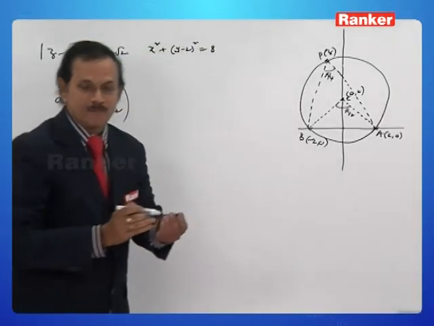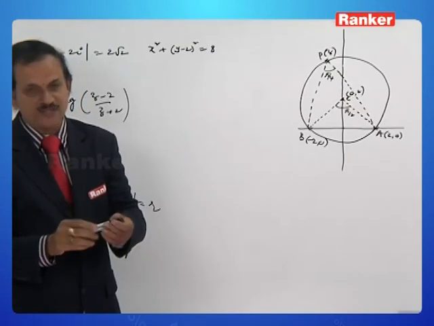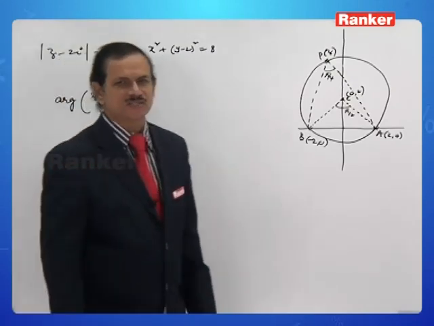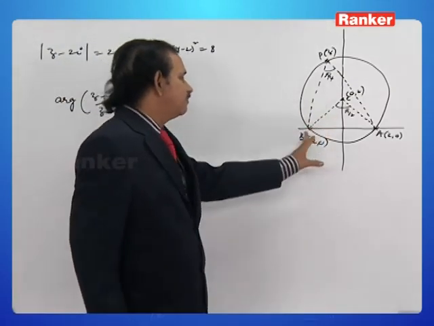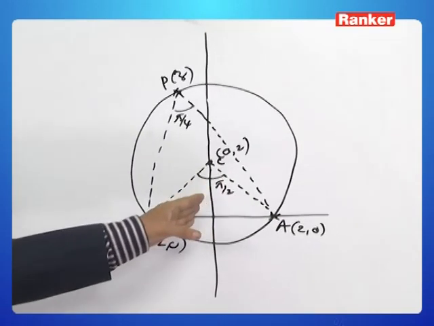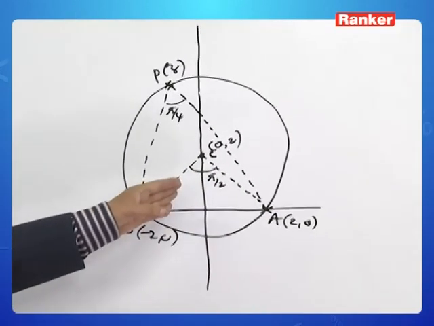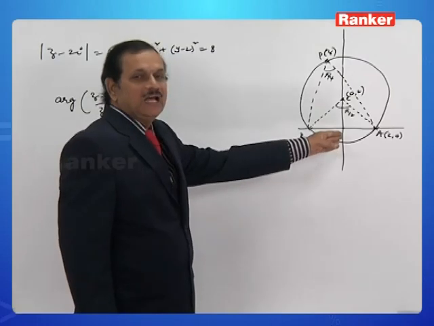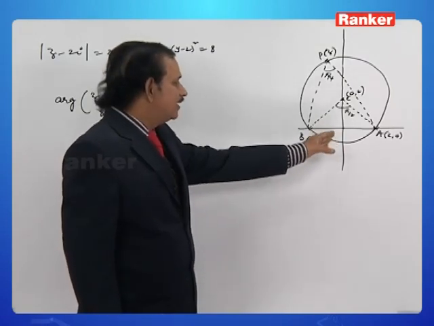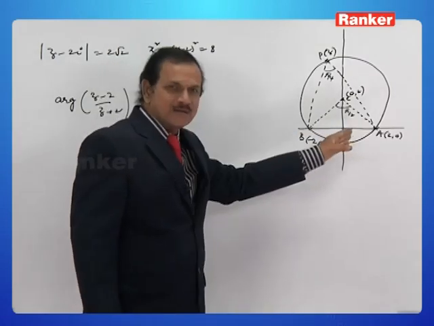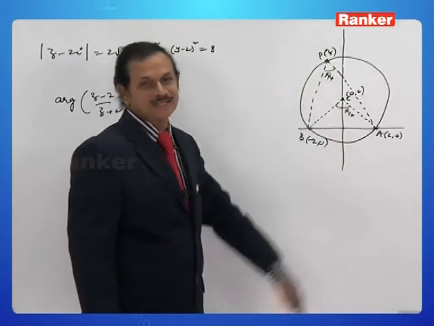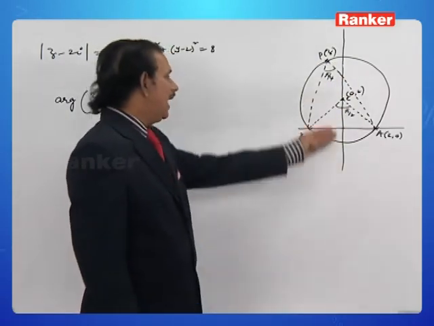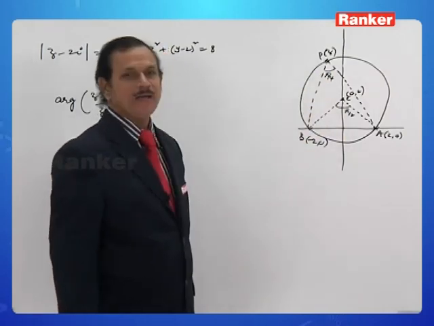From the earlier properties of circles and segments, it's very easy to notice that the angle subtended by a segment at the center is just double the angle subtended by the same segment in the other segment of the circle. Therefore, as this is pi by 2, this must be pi by 4.